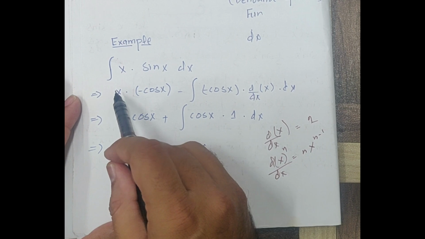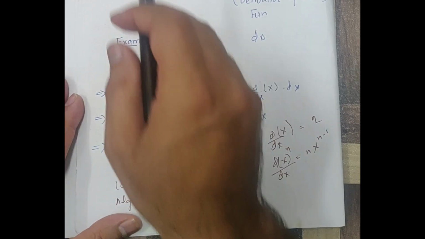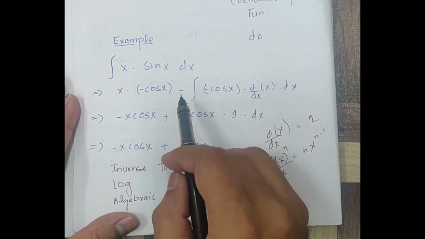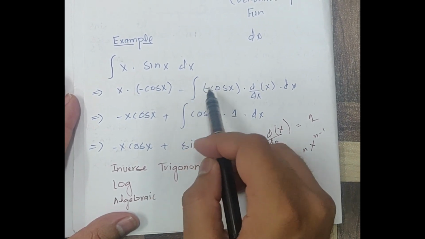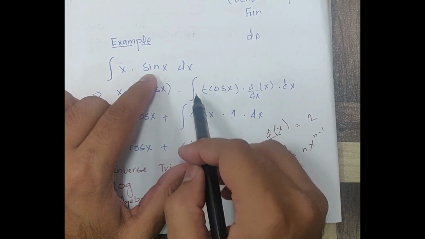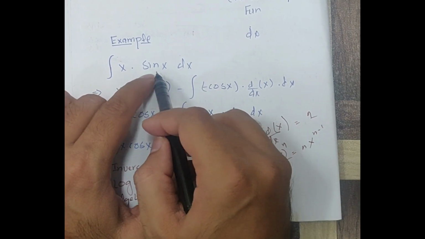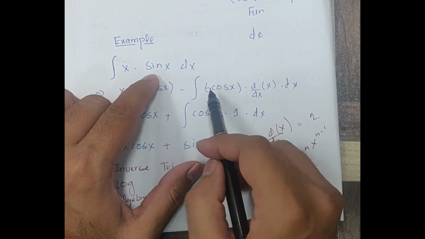So I took x as the first function and sine of x as the second function, and minus the integral of the integral of the second function. We know the integral of sine of x is equal to minus cos of x.